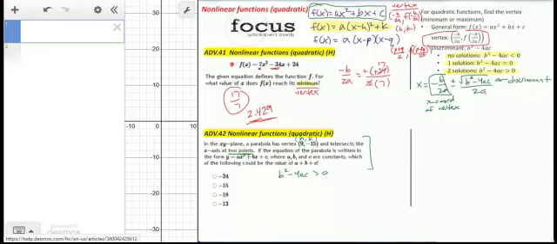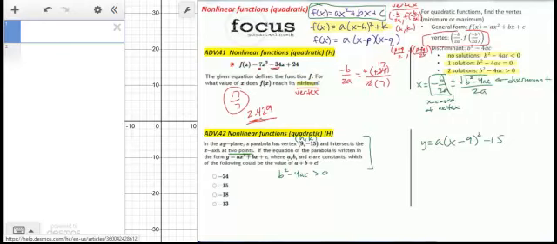So what I can do over here to the side is say y is equal to a times x minus our h value of 9, squared, plus our k value of minus 15. So notice I don't know what my a value is here, but I do know my other expressions.